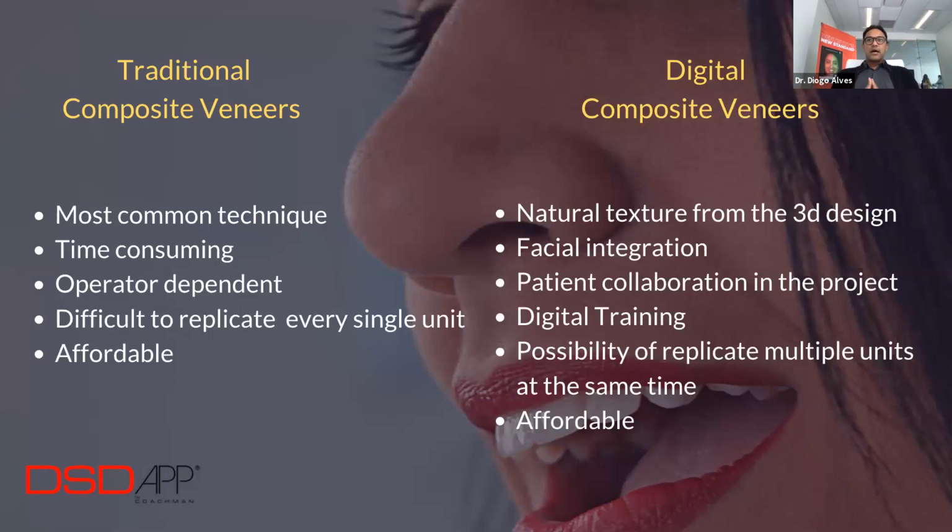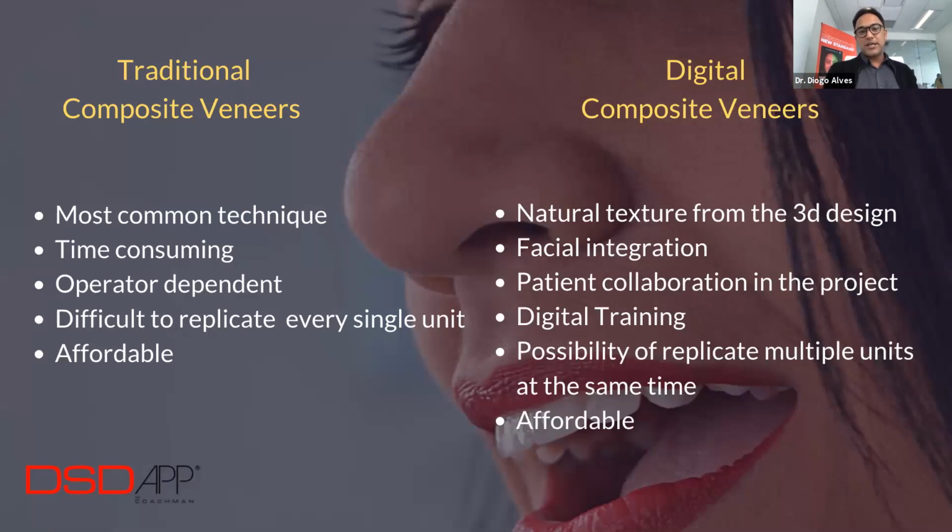So I love doing the traditional composite veneers, but what I want to show you guys is another way of doing the composite veneers. When we come to the digital composite veneers, we have the natural texture from the 3D design. And what does that mean?